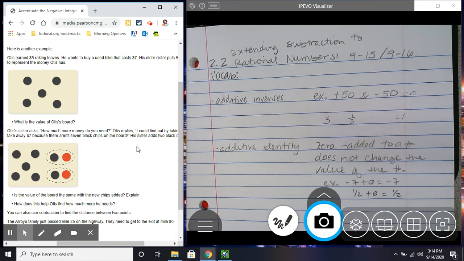And he replies, I could find out by taking away $7, but I can't take away 7 because there aren't even 7 black chips on the board. His sister adds 2 black chips and 2 red chips. Is the value of the board the same with the new chips added? Why or why not? Because these are additive inverses. They basically cancel each other out.